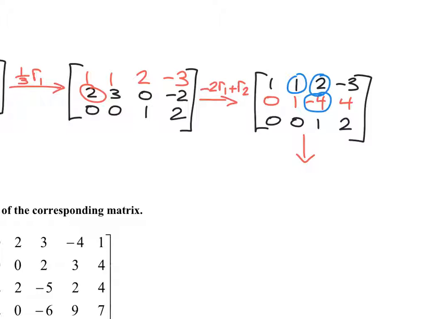I can act upon both rows 1 and 2 simultaneously, so we might as well do that. So negative 2 row 3 plus row 1, and then 4 times row 3 plus row 2. Take advantage of the old double move.